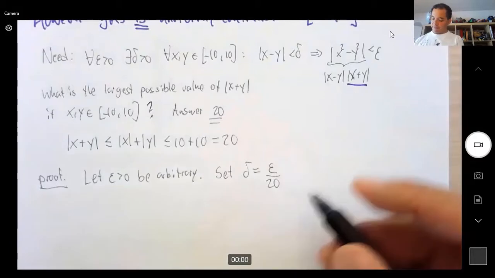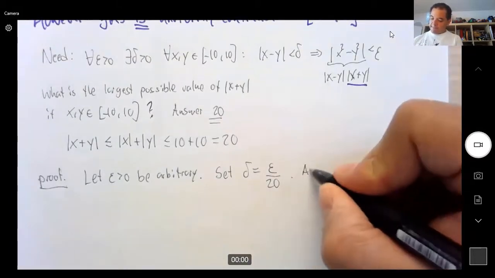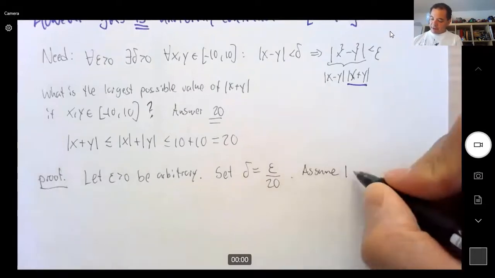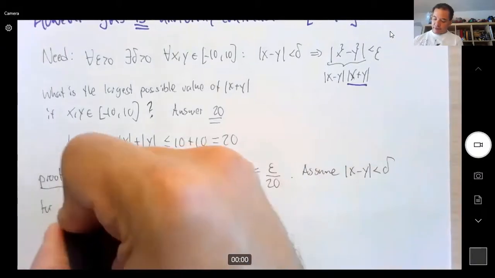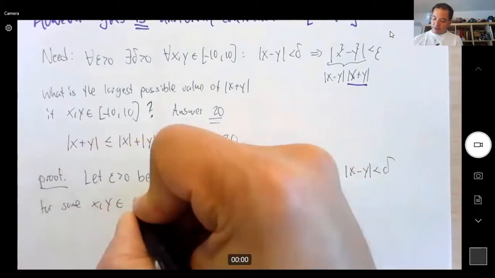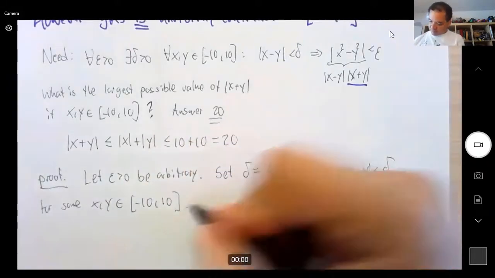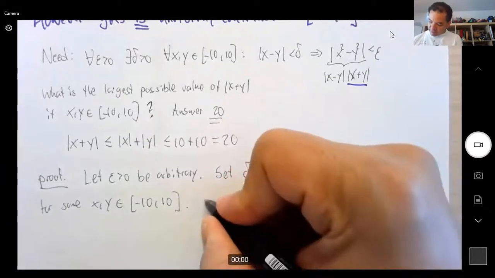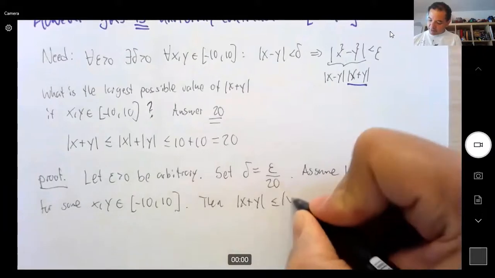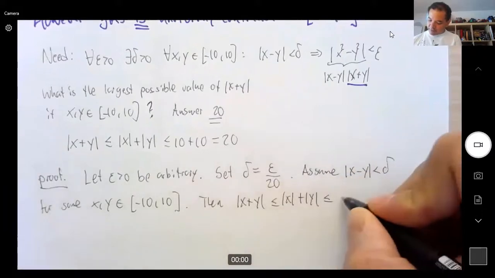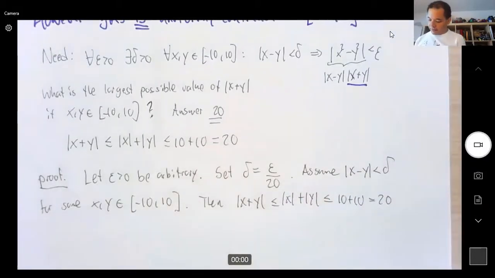Assume the absolute value of x minus y is less than delta for some x and y that belong to the interval negative 10 to 10. Then the absolute value of x plus y is less than the absolute value of x plus the absolute value of y, which is less than 10 plus 10 equals 20. I'm just copying the work that I did before.